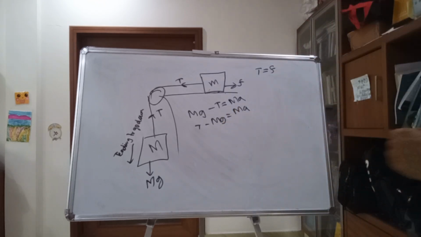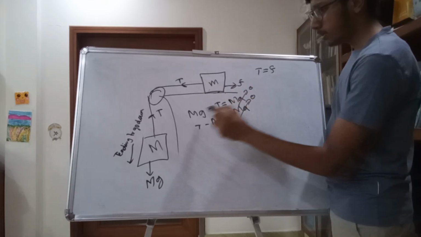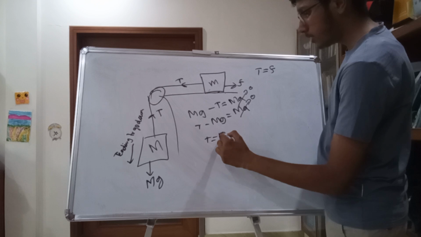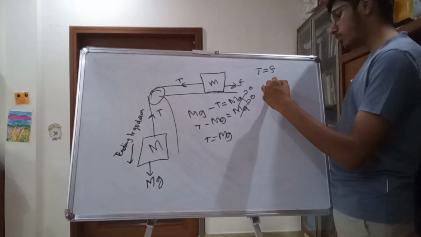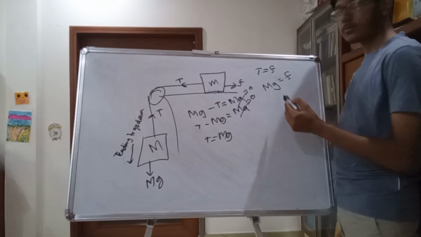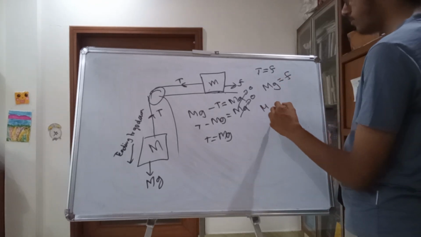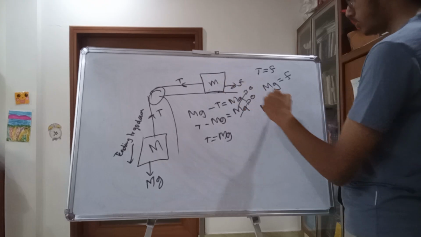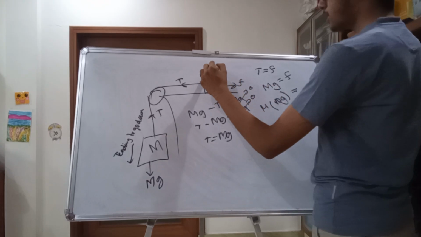Here, in both cases a is going to be 0. So you can write directly T is equal to mg. So that T you substitute here, Mg equal to f. Now what is f? Mu into N. What is normal? Small m into g. Why is normal acting like this?